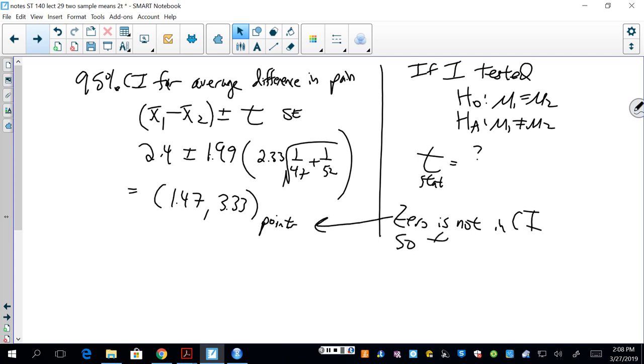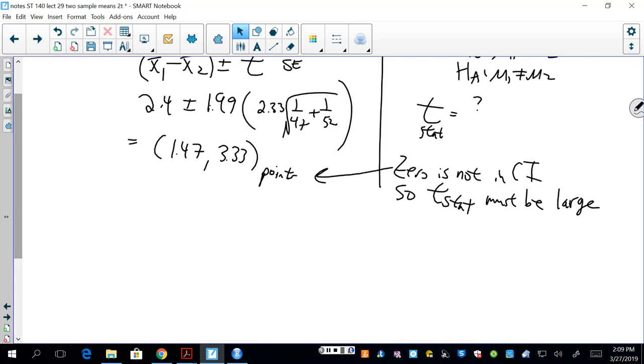So the t statistic must be large. And in fact, the t statistic is very large. The average difference was 2.4.